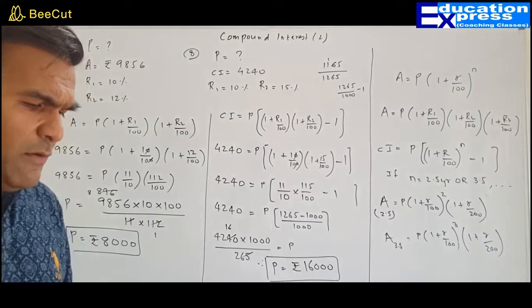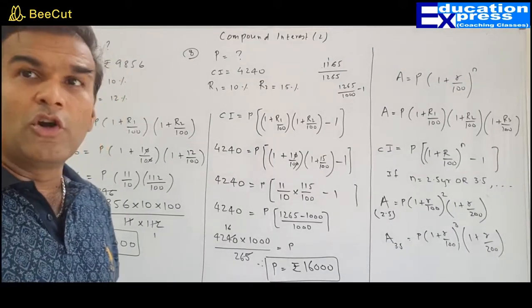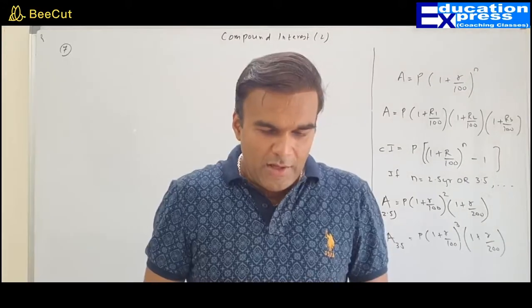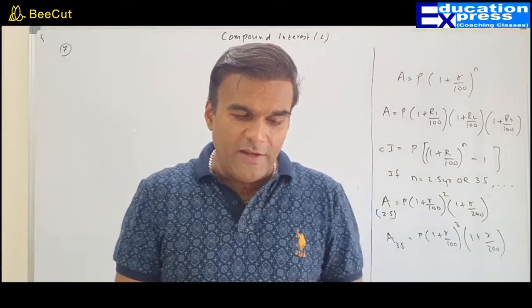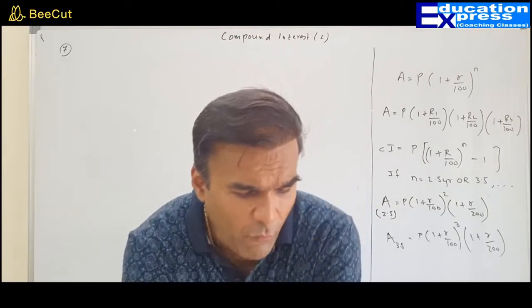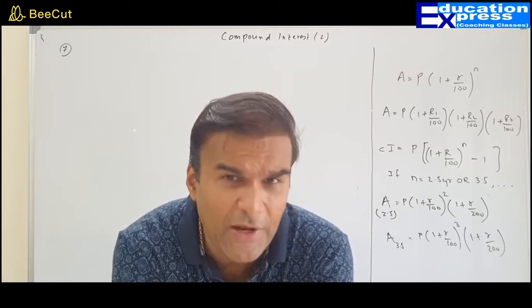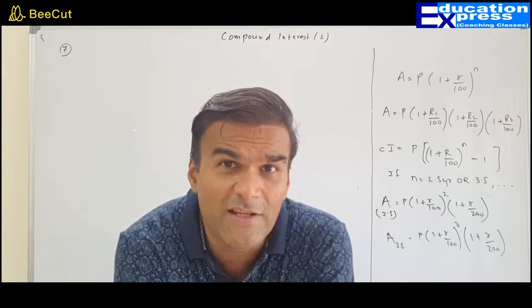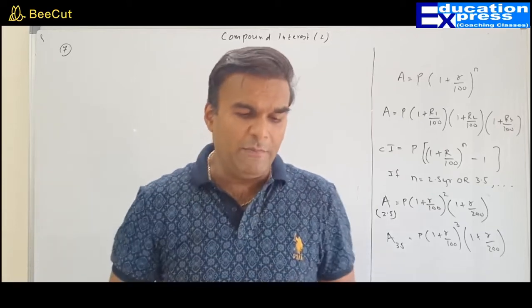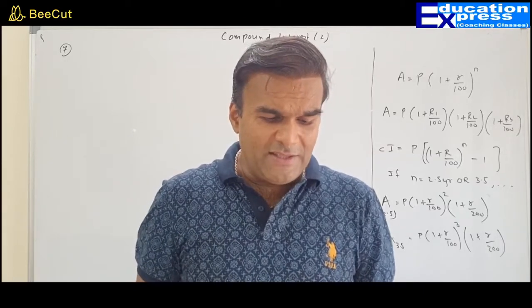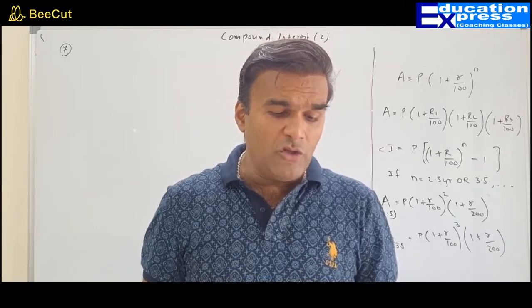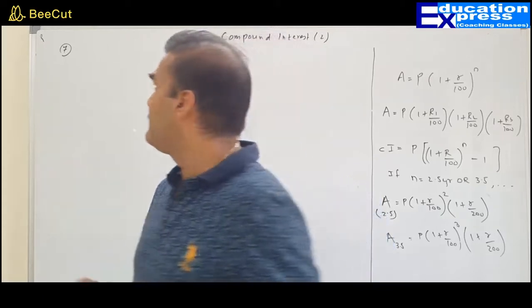Now, after question number 8, we can proceed to question number 9. Question number 9, my dear friends. At what rate % per annum? This time they have not given us the rate. So at what rate % per annum will rupees 6,000 amount to 6615?